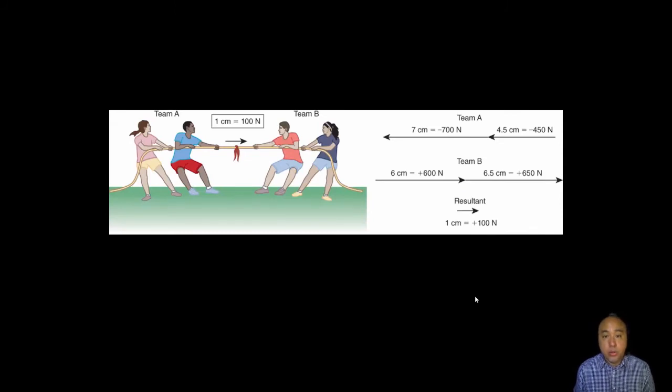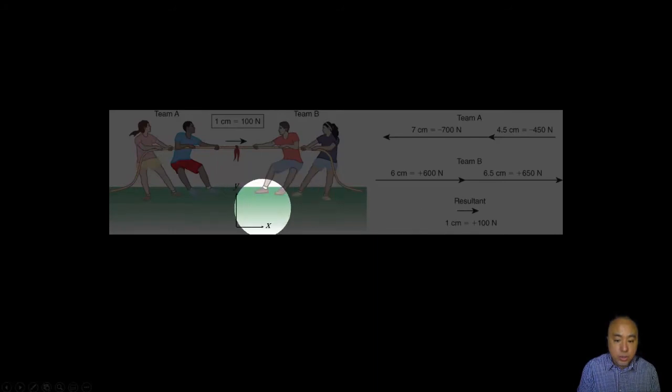Now let's take a look at tug of war. You know what a tug of war is. There you have two teams that are pulling in opposite directions. Team A, one of the members of that team is pulling at negative 700 newtons, while the other person is pulling at negative 450 newtons. Whereas Team B is pulling at positive 600 newtons and positive 650 newtons, respectively, at least according to this coordinate system.